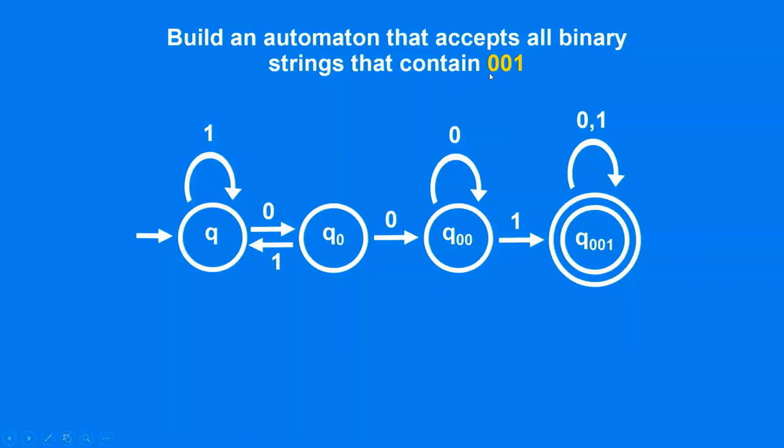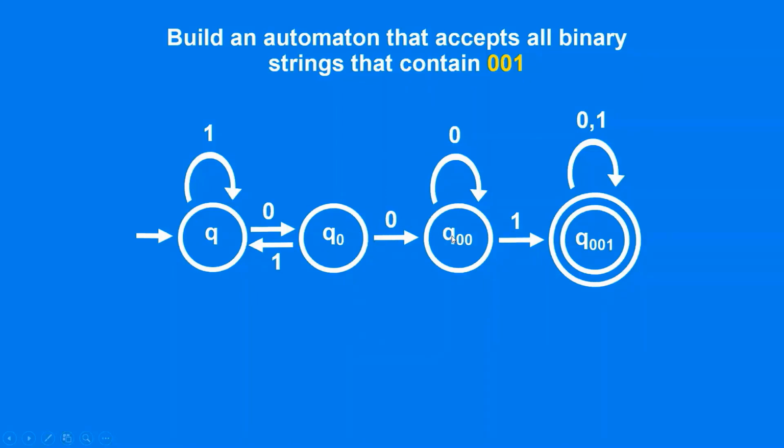Then if you encounter another 0, go to Q00. That means two 0s have been scanned. If you see a 1, definitely go to the final state, because your requirement is 0, 0, 1 as a substring, and you have read it.